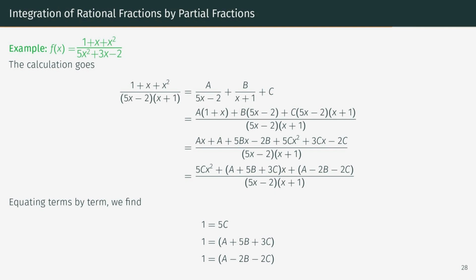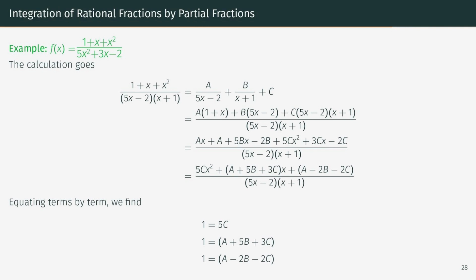We can then expand this such that we get ax plus a plus 5bx minus 2b plus 5cx squared plus 3cx minus 2c all over 5x minus 2 times x plus 1.